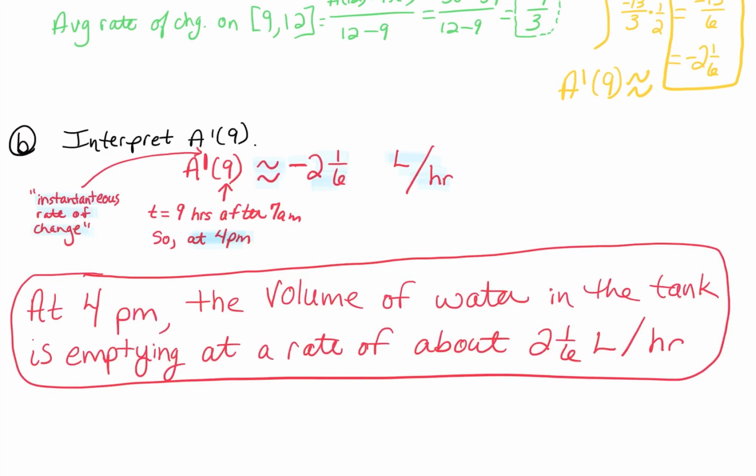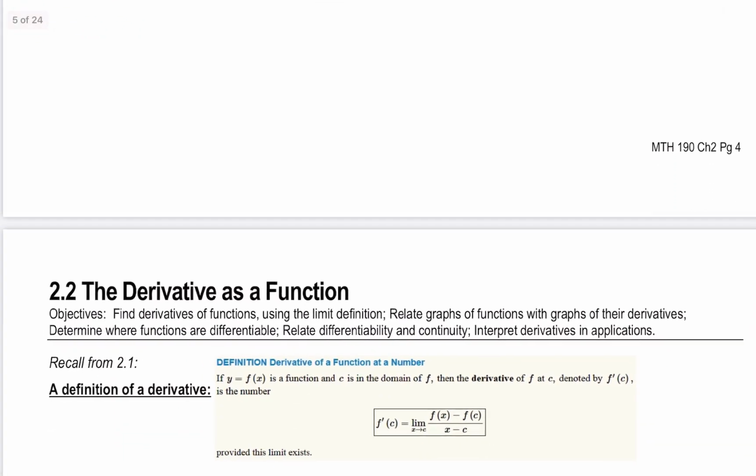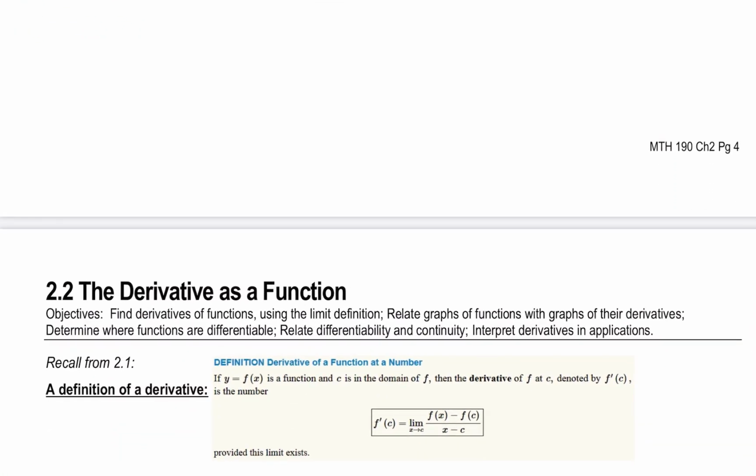All right, so that's our last example I'm going to talk about, formally at least, in 2.1. Next time, we're going to take a look at a different definition of the derivative, but this time, rather than it being the derivative evaluated at a specified point, it's going to be the definition of the derivative as a function.